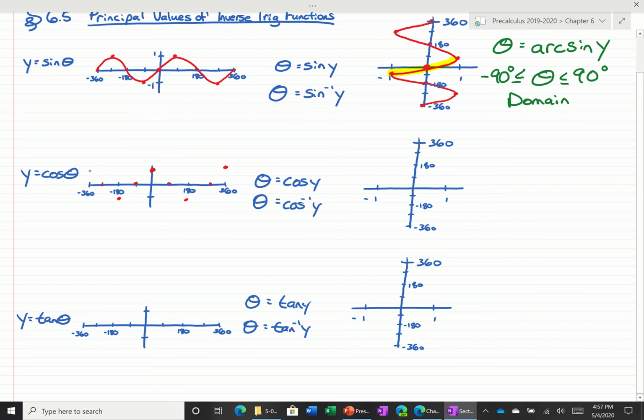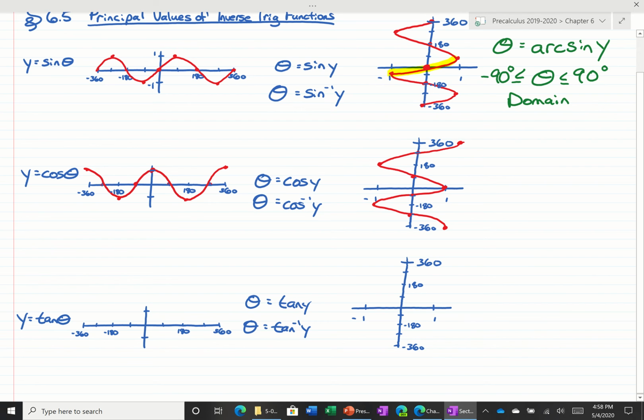And we could just finish out the graph. That's what the graph of cosine looks like. And then if we draw that for the inverse graph, where we switch the x and the y axes, we can connect our points.